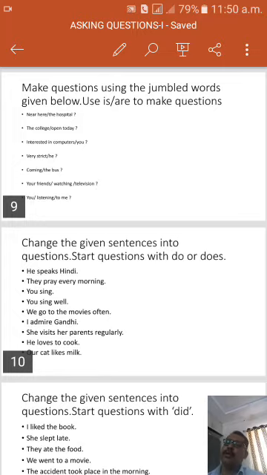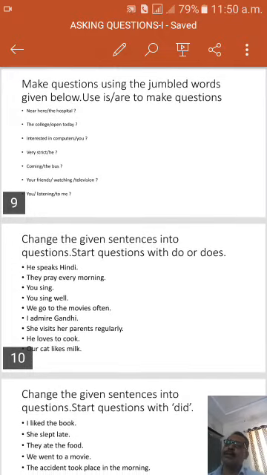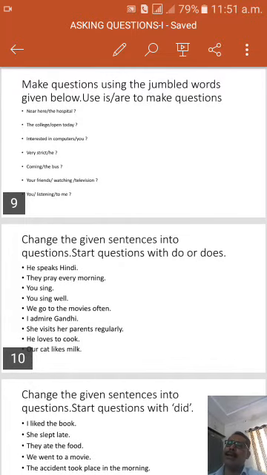Do we go to the movies often? I admire Gandhi. Do I admire Gandhi? She visits her parents regularly. Does she visit her parents regularly? He loves to cook. Does he love to cook? Our cat likes milk. Does our cat like milk?